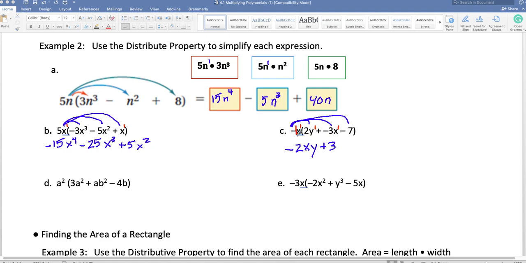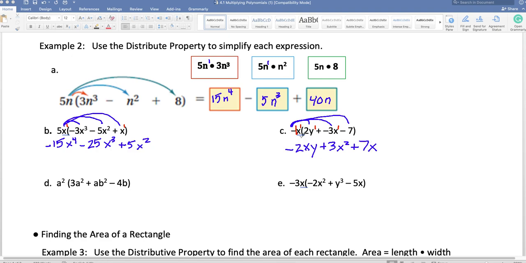And I've got an x to the first power times an x to the first power, so that's x squared. Negative 1 times negative 7 is going to give me a positive 7. And x to the first has no x's here, but we can't throw it away. It's along for the ride.